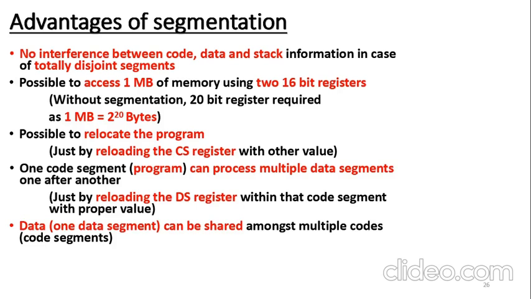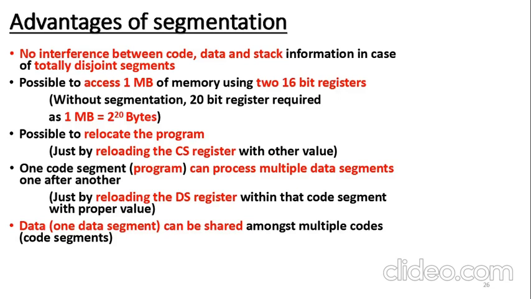Then the last advantage which has been stated here: one data segment can be shared amongst multiple code segments. Normally this is required whenever we are referring to some standard mathematical tables. We know that mathematical table contents are required by multiple code segments.